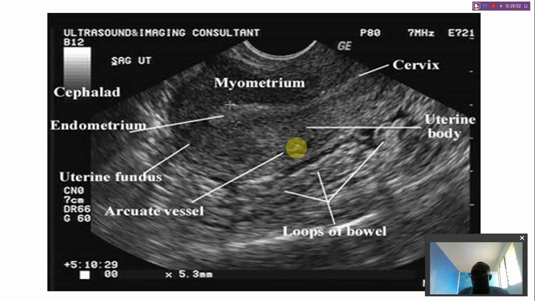You can see the uterine body, that's the corpus, the cervix, and the anterior and posterior myometrium. So this is a normal uterus, and it is clear. This is not a retained product of conception, as others may write in their reports, which is not true. So this is a normal endometrium. You can see this will be in the proliferative phase, where it is thickened.